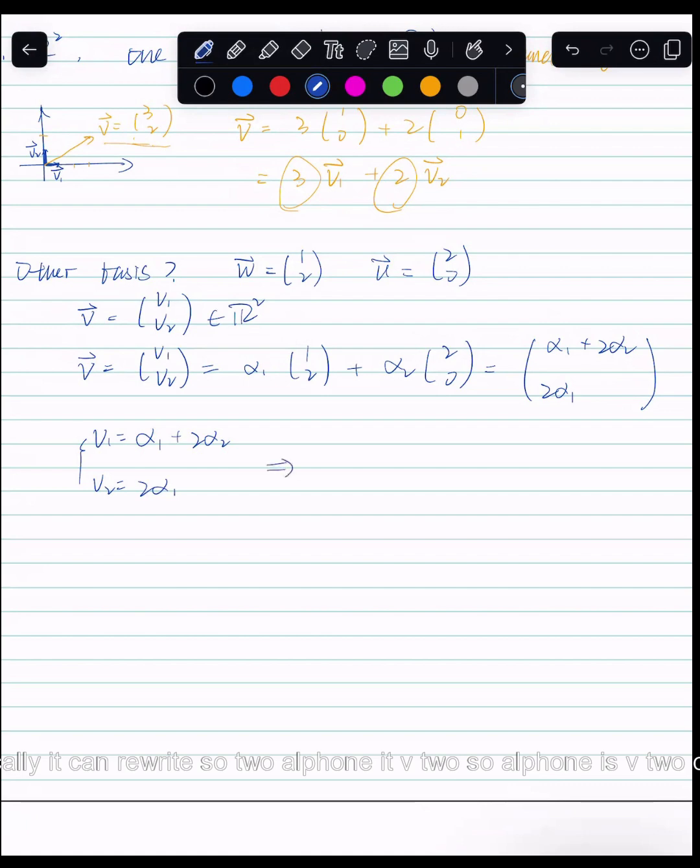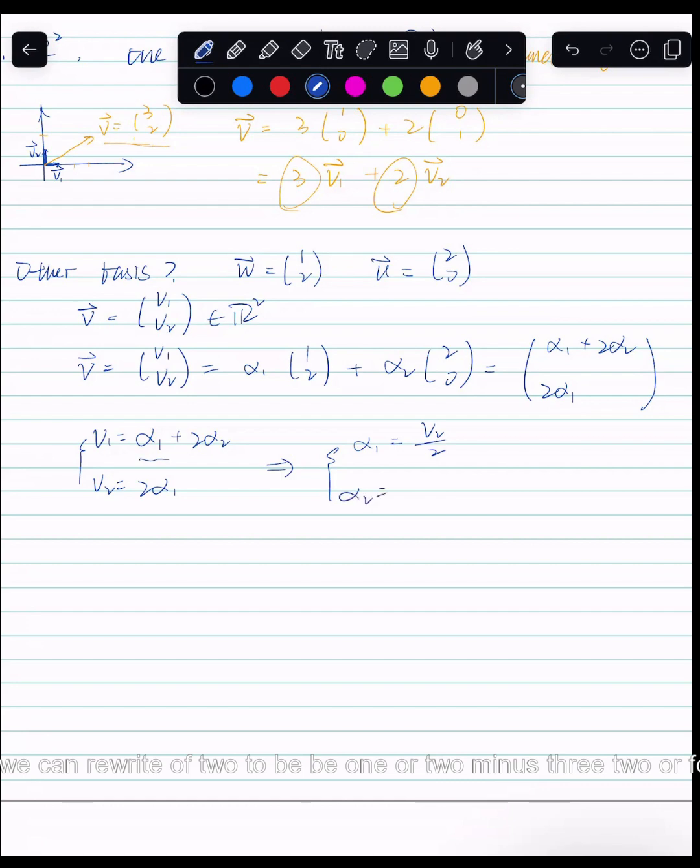So 2 alpha 1 is V2, so alpha 1 is V2 over 2. Now we know that alpha 1 is V2 over 2, and we have V1, so we can rewrite alpha 2 to be V1 over 2 minus V2 over 4.